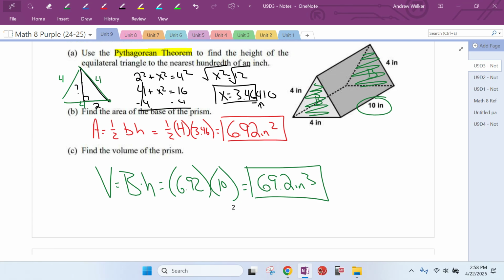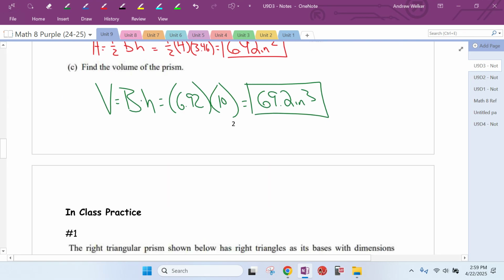I think those are the two most common examples that you're going to see this year. But there are other ones. You could have a trapezoidal prism, but I think that gets a little more complicated than we need to get into. So I would assume triangular bases and rectangular bases are about as complicated as it's going to get for right now.